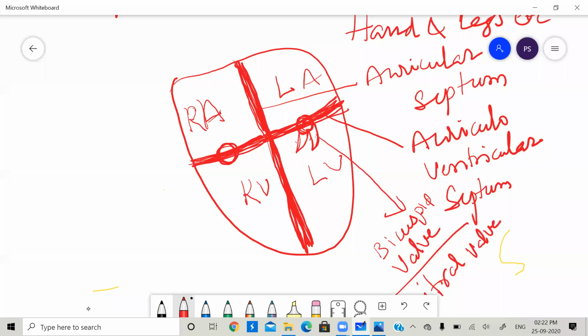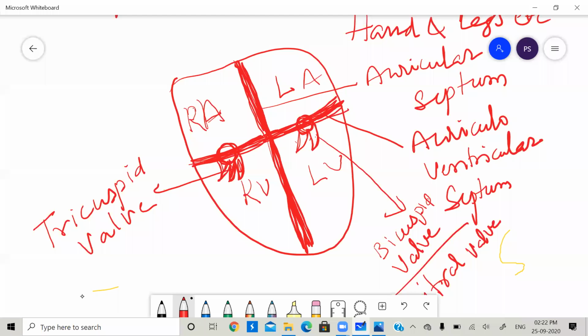To regulate this blood flow, there is again a valve with three flaps, 1, 2, 3. This is called the tricuspid valve.